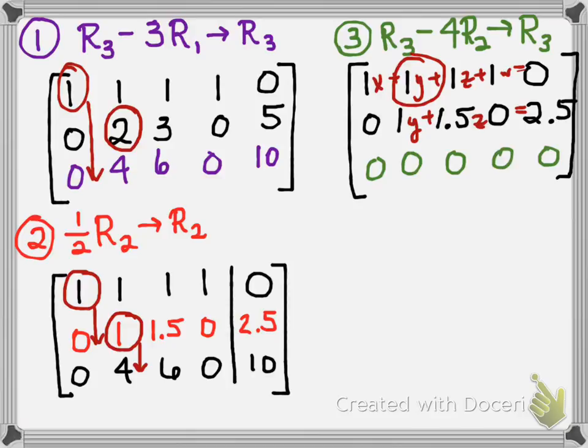So in the row where there's a leading one where the x variable goes, I don't want the y variable because the y variable is also a place where I have a leading one. In other words, I want there to be a 0 there. I want this to be a row equivalent matrix where this leading one here is the only non-zero entry in its column, and I want that one to be 0. I want this to be in reduced row echelon form.